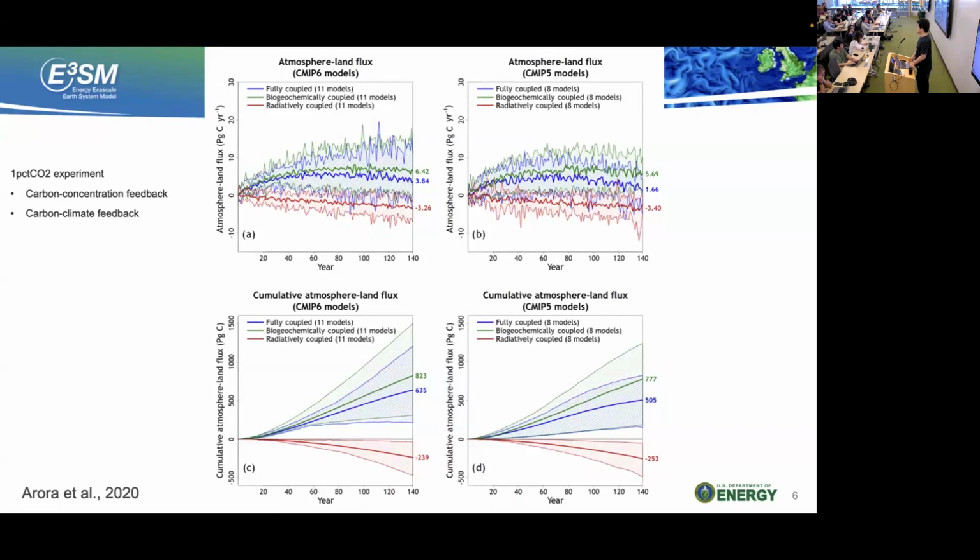We have a lot of lines here, but basically 3 different configurations decompose the system from the fully coupled understanding point to this carbon concentration feedback and carbon climate feedback components. That's the difference between the blue line and the green line, and also the difference between the blue line and the red line. So it helps you understand which part of the BGC interaction is contributing to the carbon sink in this case, and also the accumulated carbon stock in the system, in the land surface.